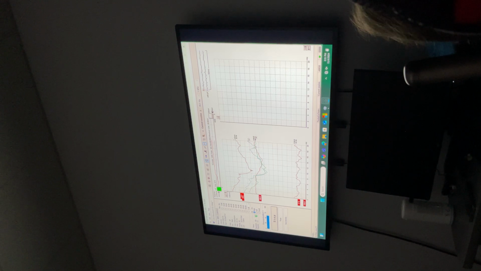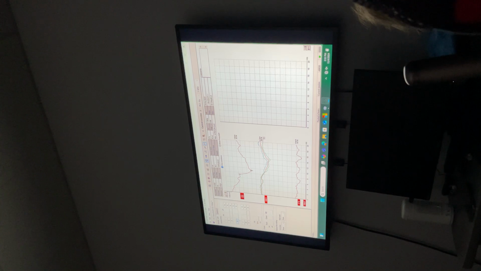Undeniably there's a response. So 10. So this green is the normative data. Yes, the green bar.